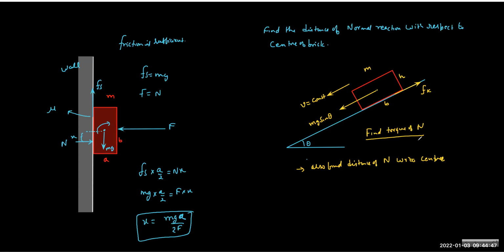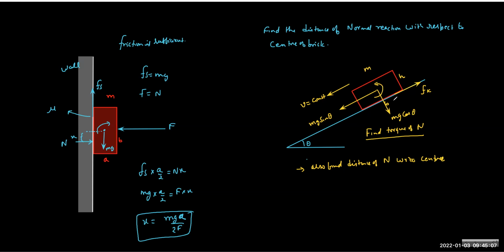So the translational equilibrium part is discussed, but if you look at the center of mass, we know that the kinetic friction will create a torque about the center of mass in an anti-clockwise sense.